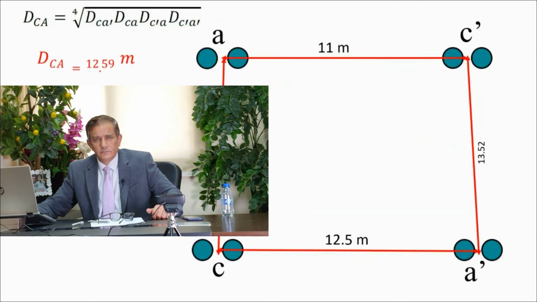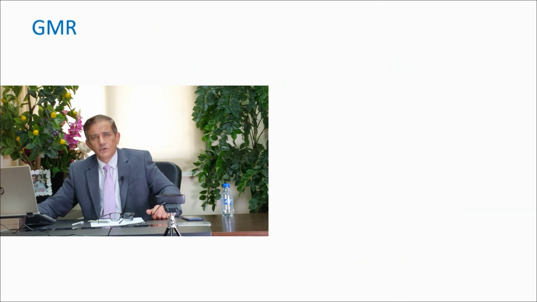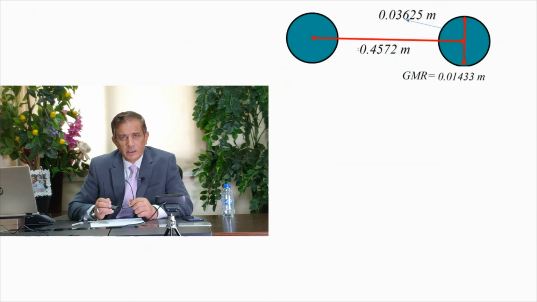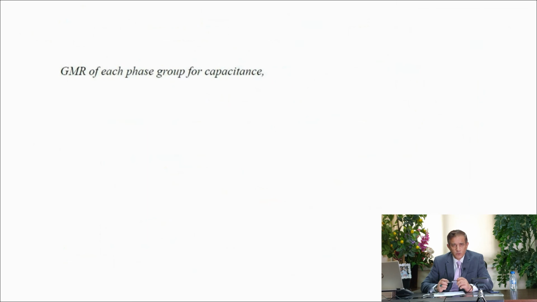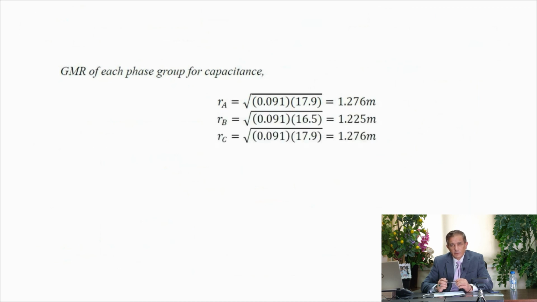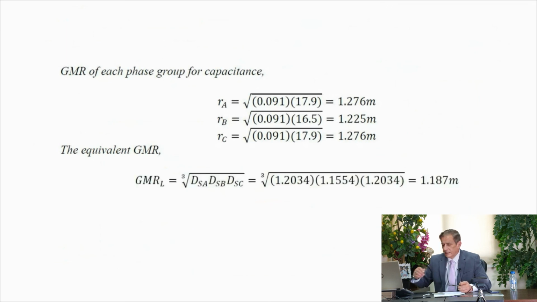Capacitance the same. Now the equivalent geometrical mean radius: if you multiply these spacings together, what we got from them for, let's say for DS, which we said is for the inductance, I multiply them together, take the power of 1/3, and I will get it.